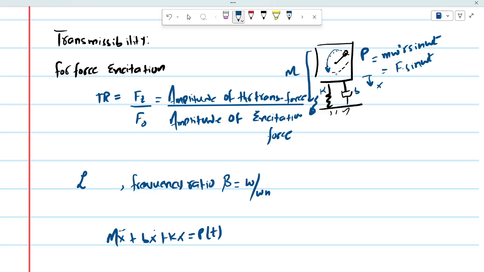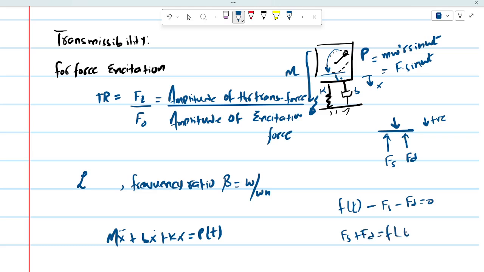Now the force that is being transmitted to the ground, let's say there's a resultant force acting in this direction. It will be opposed by the spring force and the damper force. So we can write that, saying downward is positive, as f of t minus f of s minus f of d equals 0, or fs plus fd equals ft in the time domain.